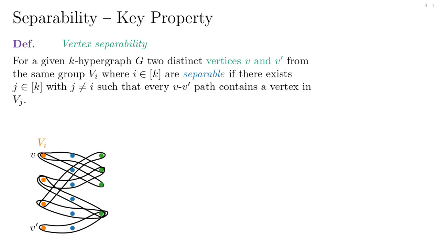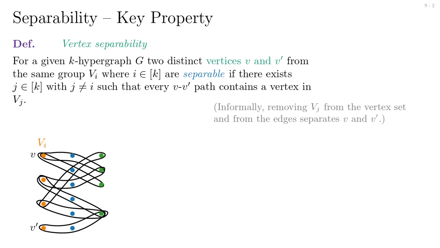For a given k-hypergraph, two distinct vertices from the same group are separable if there exists some other group such that every path between these two vertices contains a vertex in this group. Informally, you can imagine this as removing one group of vertices from the vertex set and from the edges, which separates these two vertices.